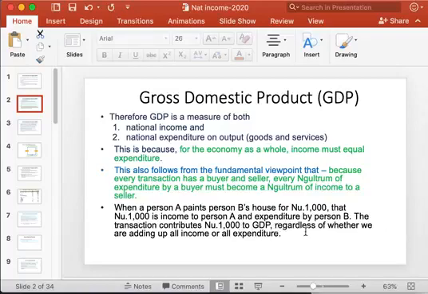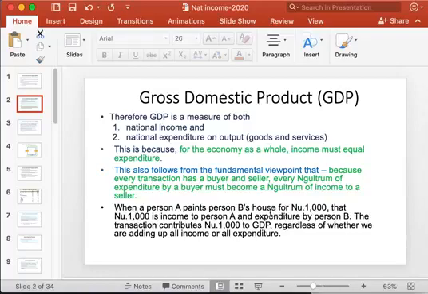If you are counting the Newton 1000 earned by person A and Newton 1000 spent by person B, then you are actually double counting. Then it's a mistake.